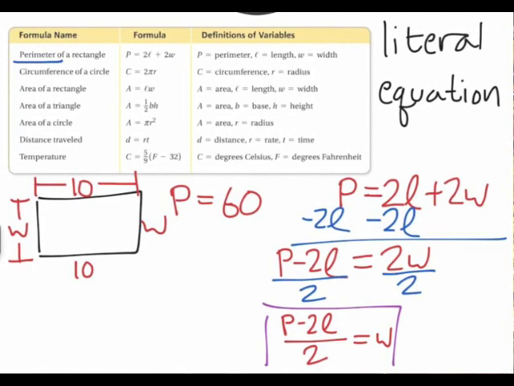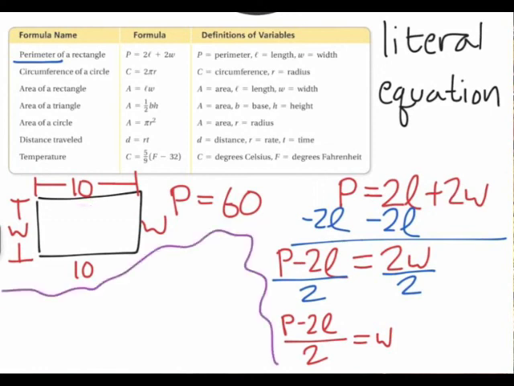Now, let's simply stick in the values that we have for the perimeter and the length. So P is 60, and we are going to subtract 2 times the length, which is 10, and we are going to divide all of that by 2, and this is going to be equal to our width.